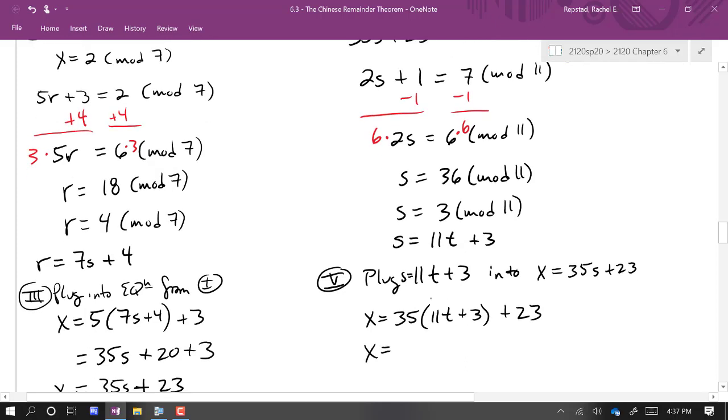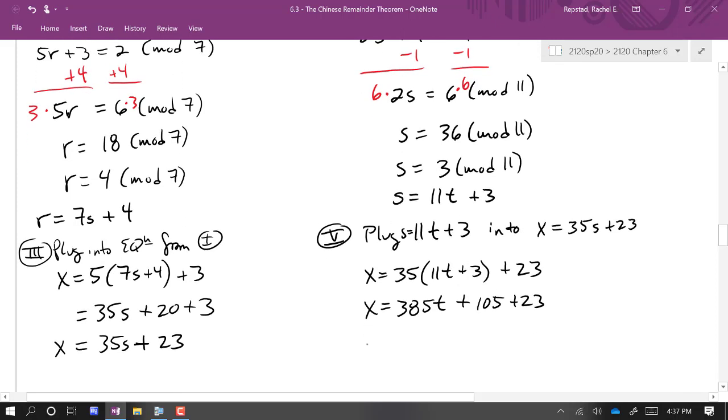Thirty-five times 11 is 385. 35 times 3 is 105. And then add 23. 385t plus 128.